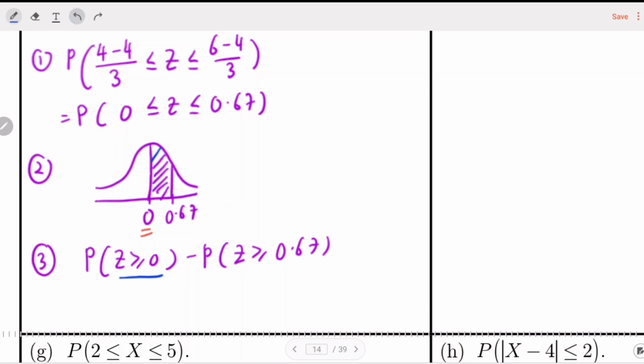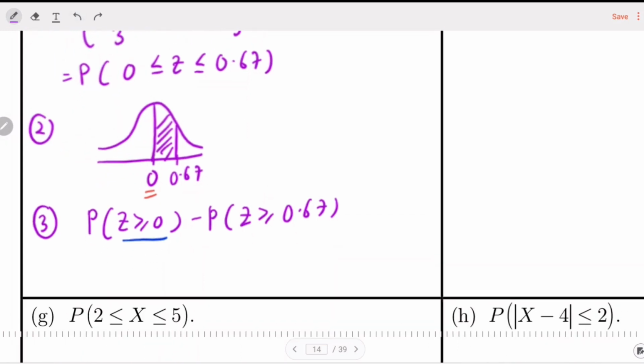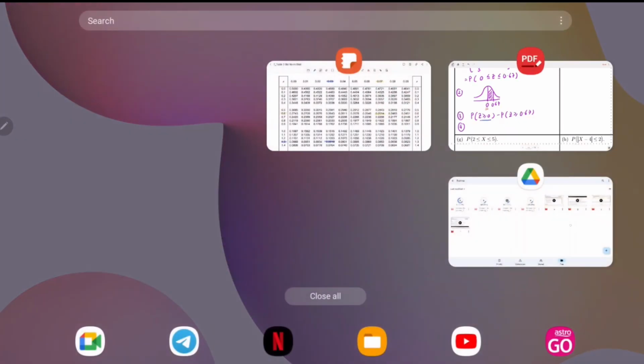Right? So for the last step, take a look at the standard normal table, 0 and 0.67.